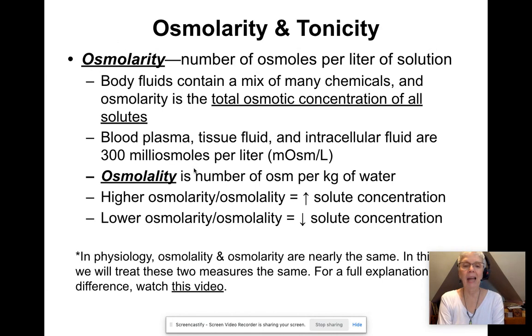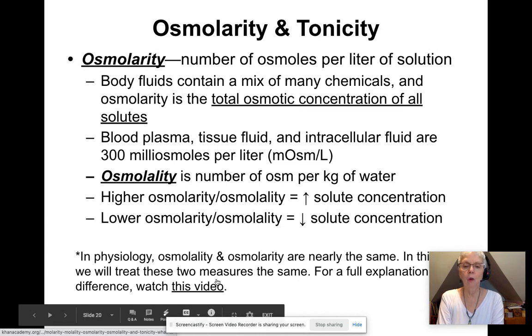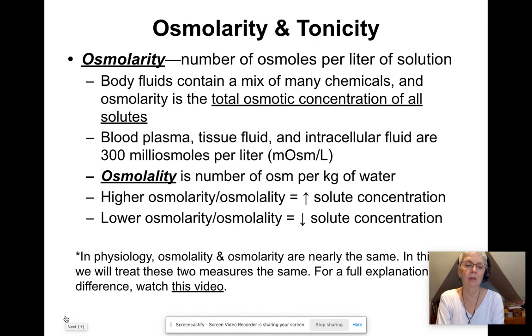For osmolality, we're talking about how much osmolarity we have per kilogram of water. So we're thinking about a weight. The higher the osmolarity or osmolality, the more solute is in the concentration. A lower osmolarity or osmolality means a low solute concentration. Make sure you watch this video. It really helps to understand osmolarity and osmolality.